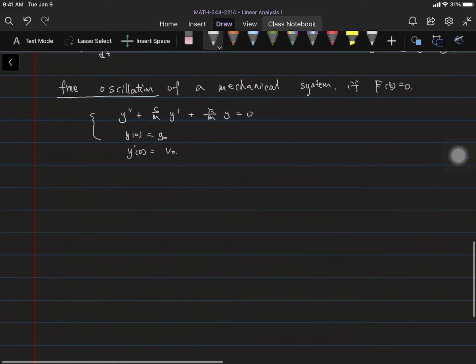So first case, there is no damping force. That means c equals 0. So our differential equation becomes second derivative plus k over m y equals 0, with no first derivative anymore.